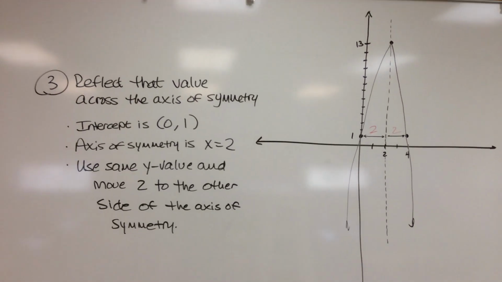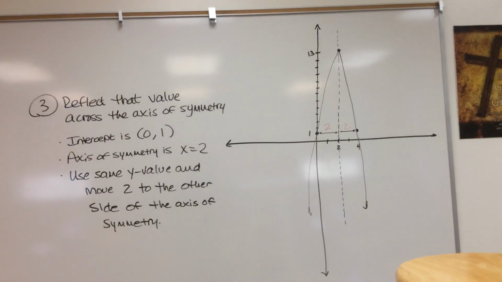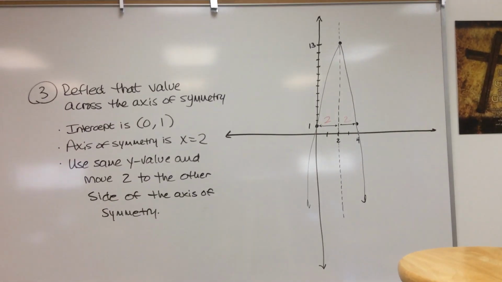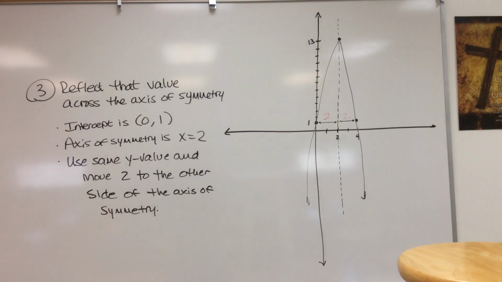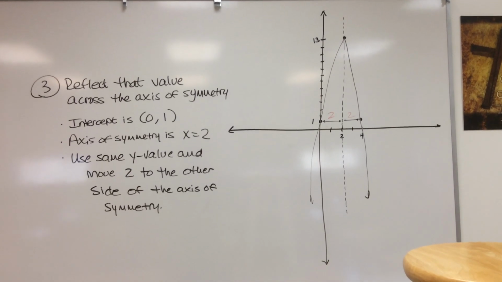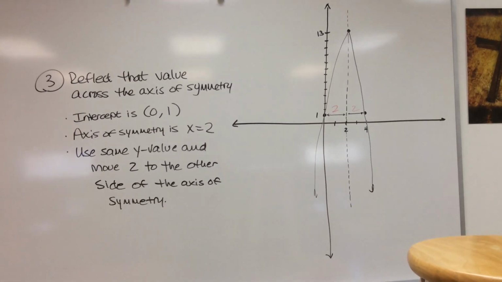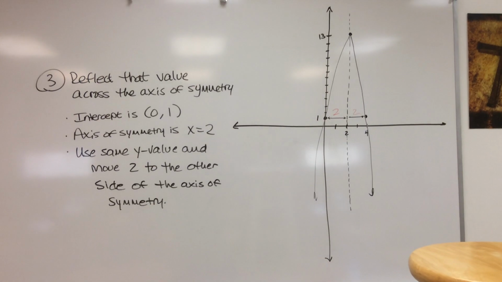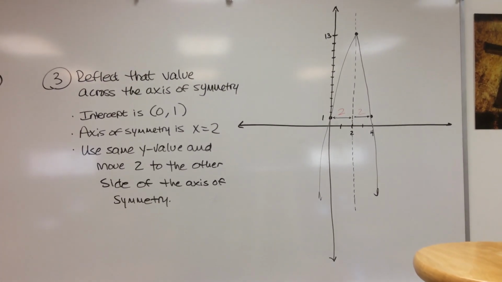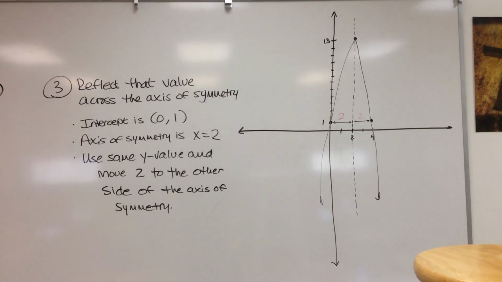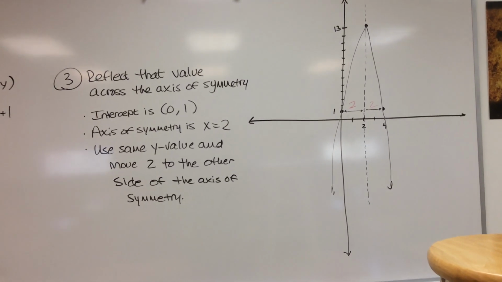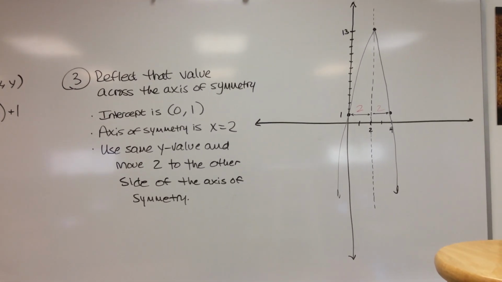If you think about the axis of symmetry as that fold where the parabola is going to reflect upon itself, then that 0, 1 intercept is going to reflect across the axis of symmetry.